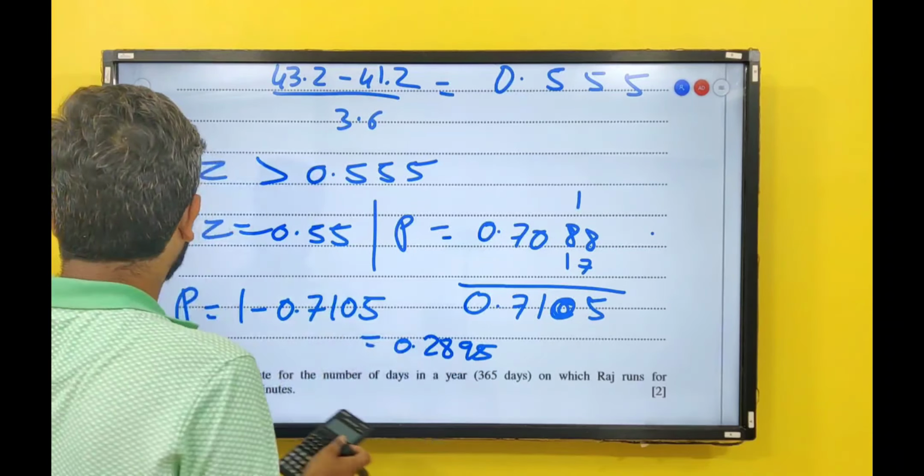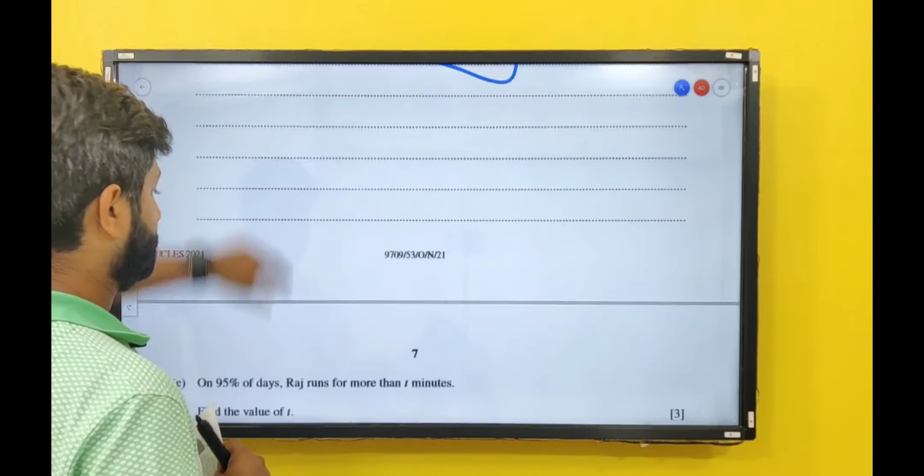And we are supposed to find the number of days in a year, so for 365 days we'll have to multiply the answer by 365. So 0.7105 into 365, and my answer is 259.33. So I'll write my answer as 259. Right?